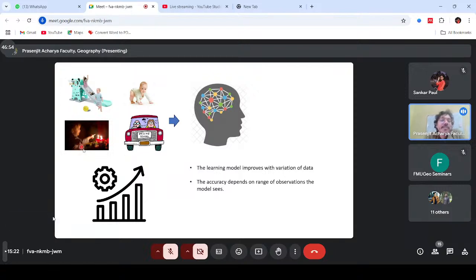In this example, the baby is trying to touch the flame, trying to know what exactly it is. As soon as its hand touches the flame, the brain gets a signal that this is warm, it should not touch it. So the brain gets information, data, from these actions.